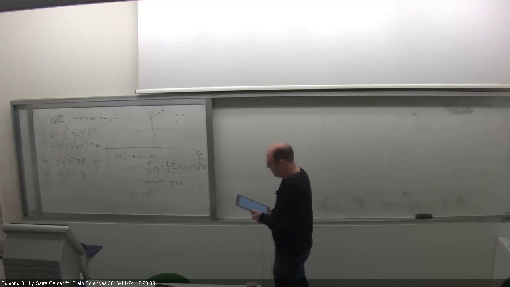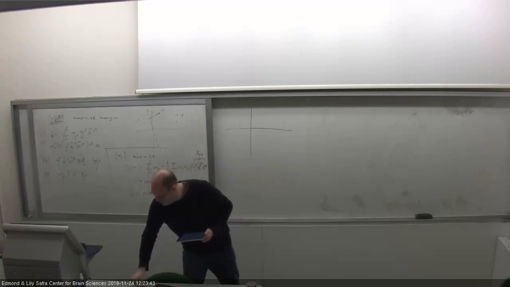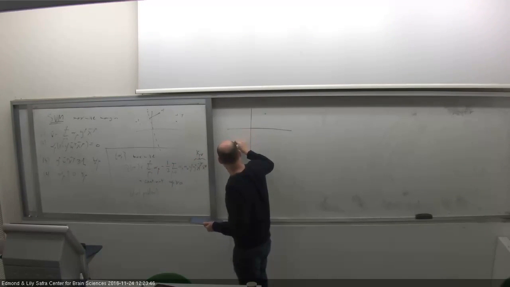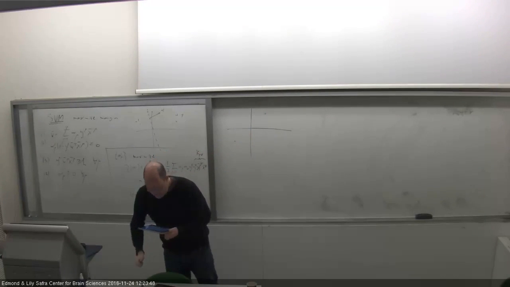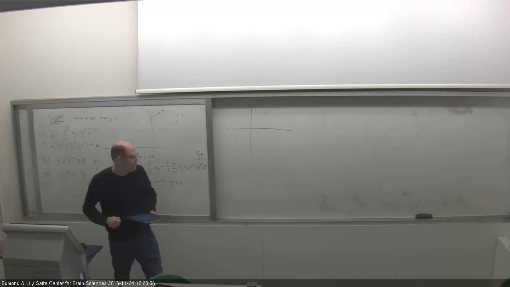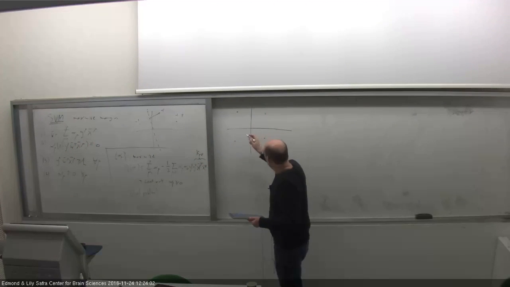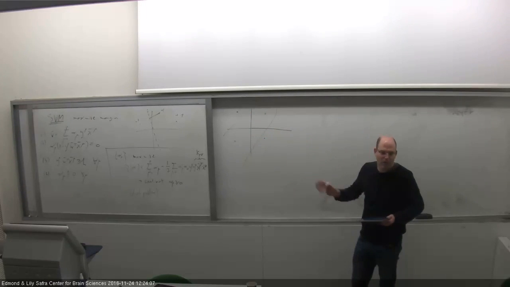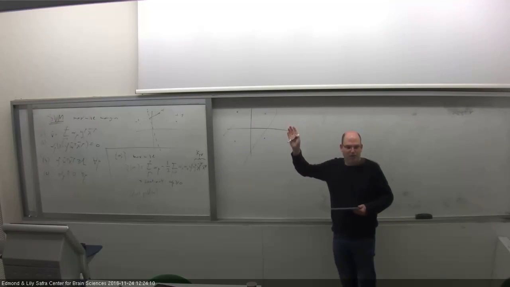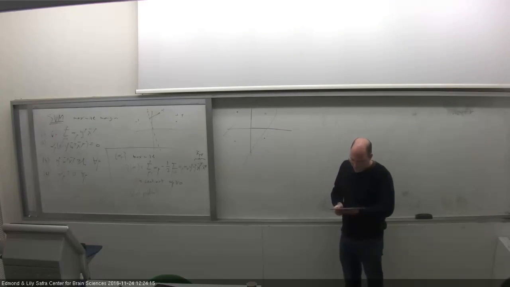So, for example, in 2 dimensions, green will be +1 and this would be -1. A separating surface might look like this, but it's not linear. You cannot find a hyperplane, or in this case a line, that categorizes these examples correctly.